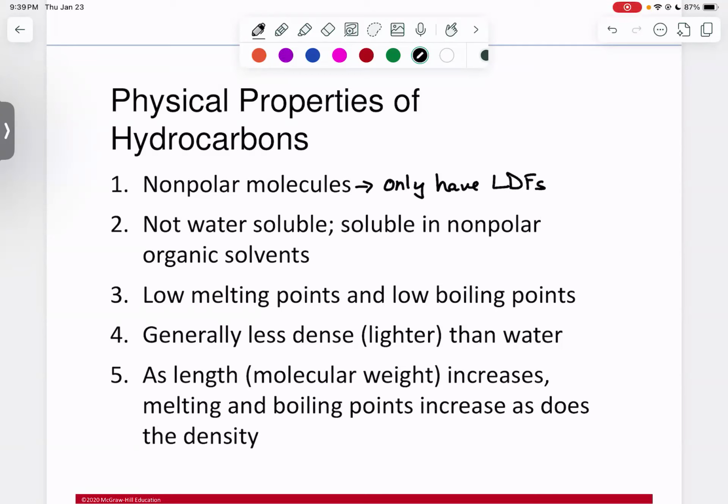That makes sense because water itself is polar, and we know like dissolves like. So they'll only be soluble in non-polar organic solvents. They have low melting points and low boiling points compared to things like ionic compounds. So we'll see some examples of that in a little bit.